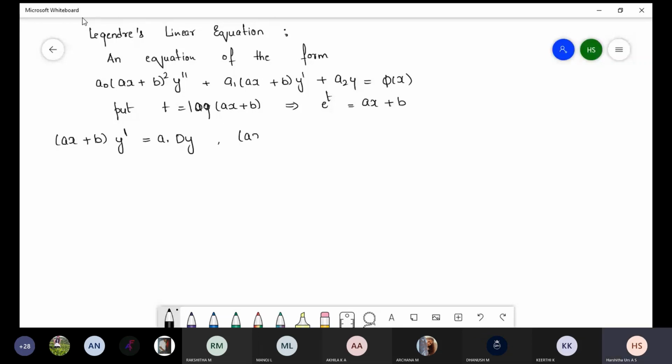Now again (ax plus b) whole square into y double dash; here the coefficient of x is again the same but it is second order, so I will write a square into D into (D minus 1) into y, and so on, where D is equal to d by dt. In this form we have to solve the problems under Legendre's linear equation.